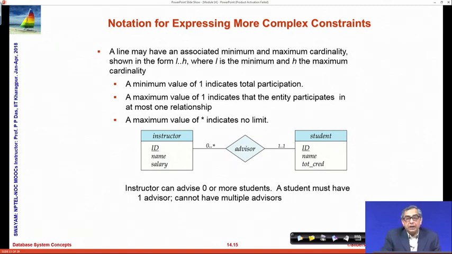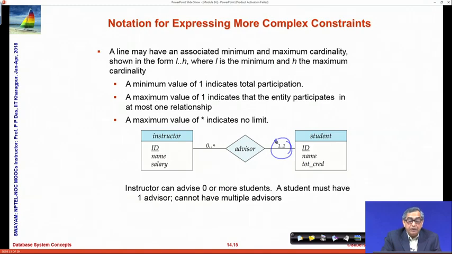Now, these cardinality constraints can be made more precise by actually using numbers. You can say on the two sides of the relationship at the minimum how many entities should relate, and at the maximum how many entities can relate. For example, on the right hand side here, we are saying that the minimum is 1 and the maximum is 1. What does it say?